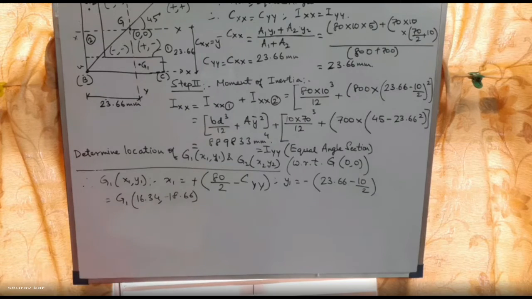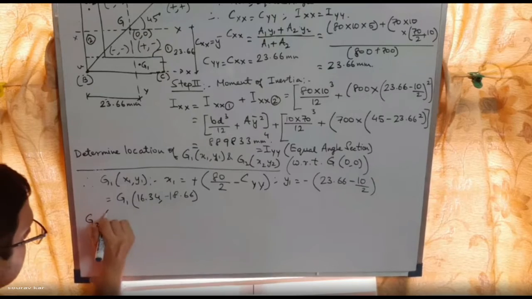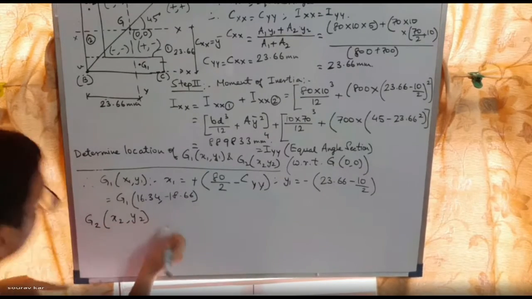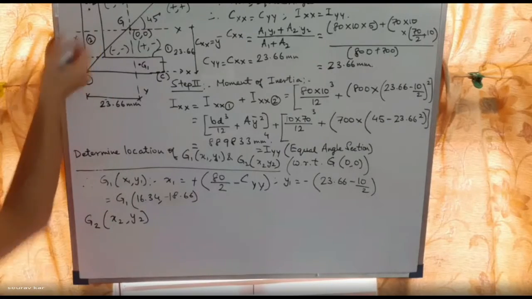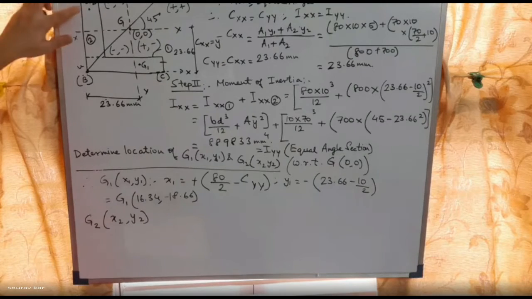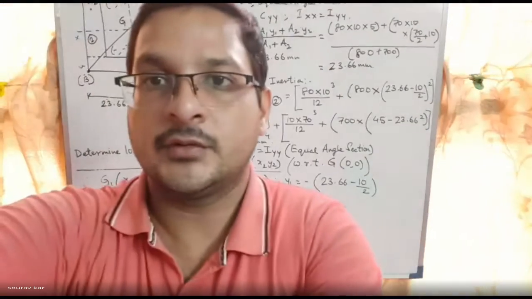So G1 this. Similarly, we will come for G2. G2 x2 y2. तो G1 आया समझ में? G1 हो गया. नेक्स्ट कम टू G2. G2 कौन सा लोकेशन में है? Let me show you the screen.